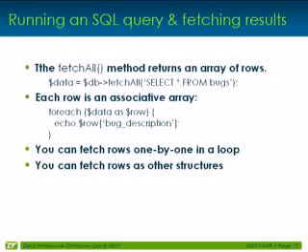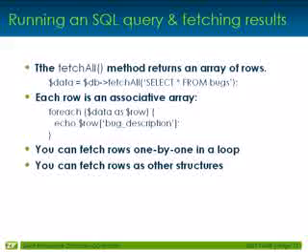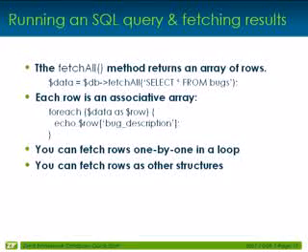All right, the very easiest way to execute an SQL query and get results back is with the fetchAll method of the database object. Remember, the database object is the one returned by that factory method we saw in the previous slide. So the method is called fetchAll, and you just pass it an SQL statement as a string.